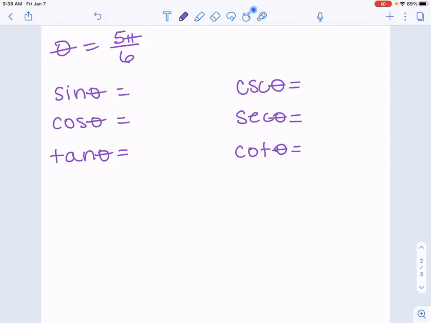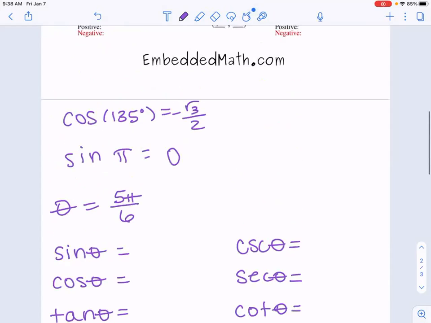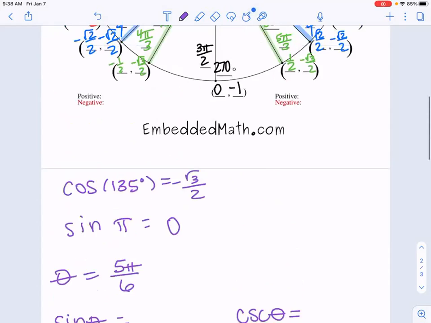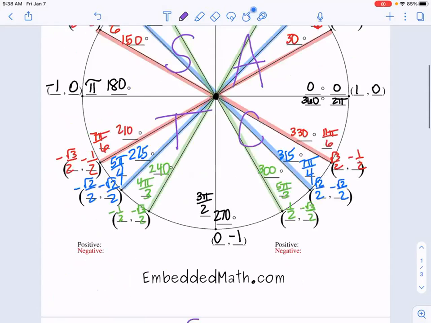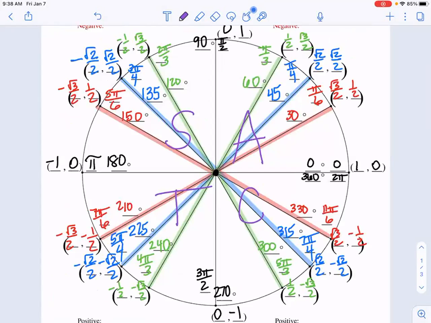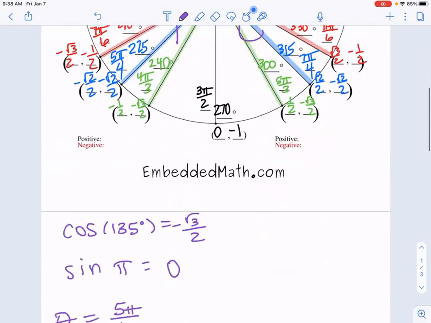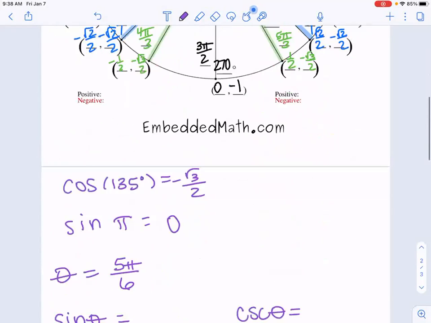Okay, so let's go to our unit circle. At 5 pi over 6, our coordinate is negative radical 3 over 2, positive 1/2. Cosine, sine. So our cosine ratio is negative radical 3 over 2.